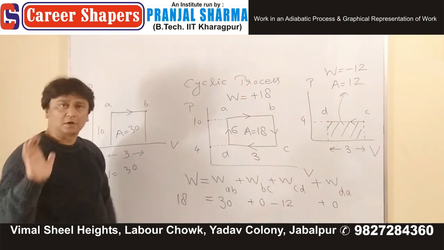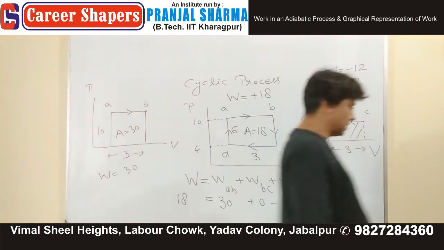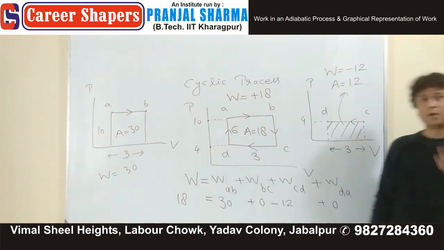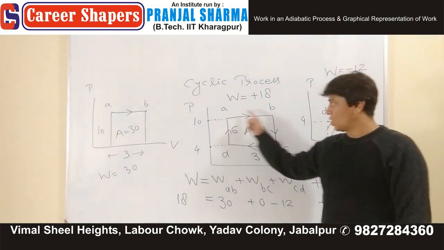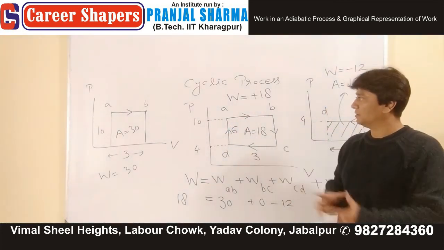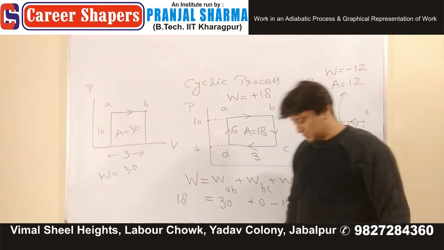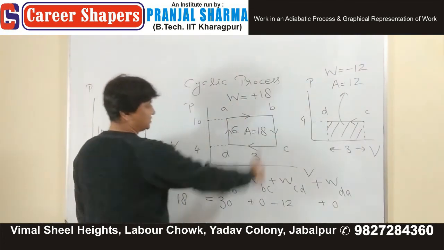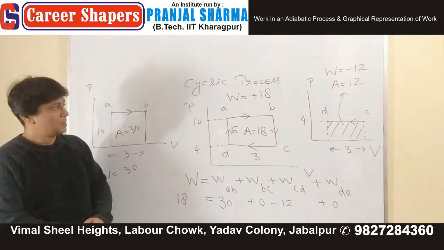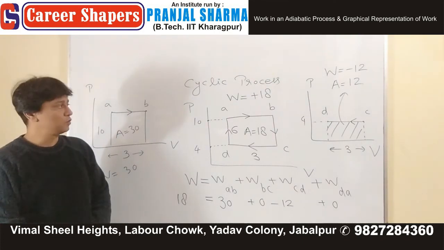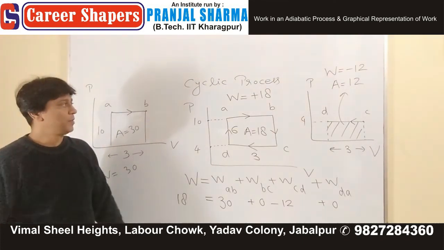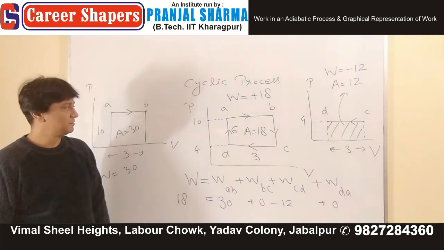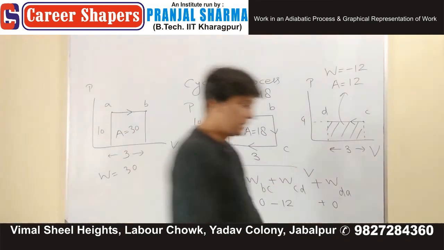If it is a clockwise cyclic curve or graph, whatever you say, if it's a clockwise cyclic curve, then work is positive. And if it is an anti-clockwise one, then work done is negative. Work done is negative.